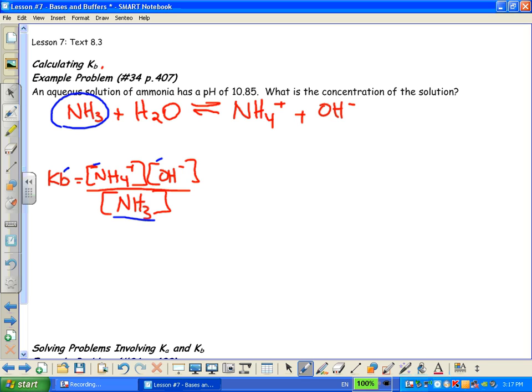Again, you're going to turn to page 597 in your textbook, and you'll find out that the Kb for this equation is 1.8 times 10 to the negative 5. Okay, so we have our Kb. Now we need to figure out our NH4+ and our OH-. So now we have to go back to those 6 equations that we had learned previously and figure out which one's going to help us figure out our values.